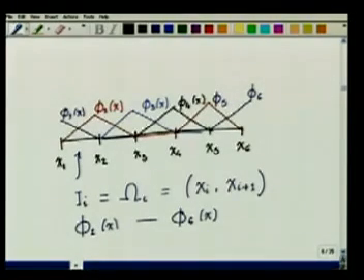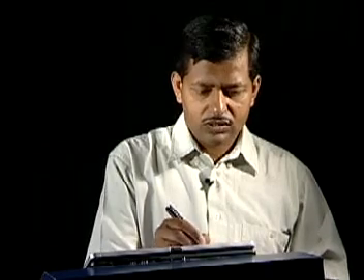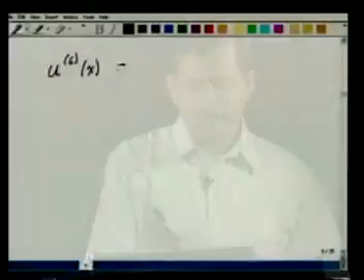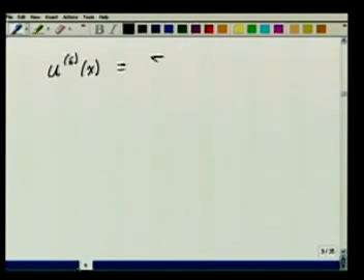So next, let us represent our u6 of x as the sum of i equal to 1 to 6 of ui phi i of x.